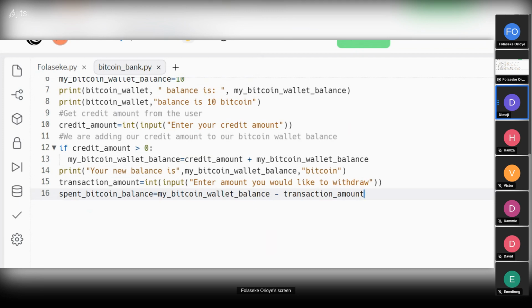So, who would volunteer to help us out today? Nobody. If you use your mic, you're already disqualified. Use the hand. If you want to volunteer to help us out, just raise your hand. Again, what we want to achieve today is to make sure that the transaction amount should only be greater than zero, like what we did on line 12.